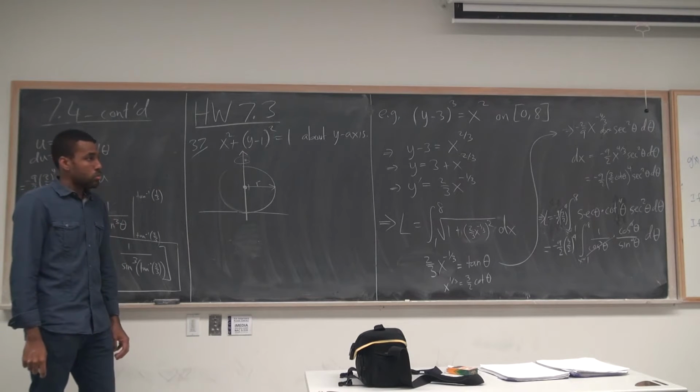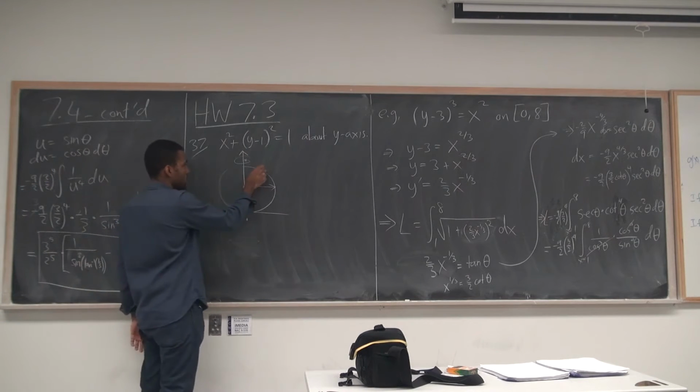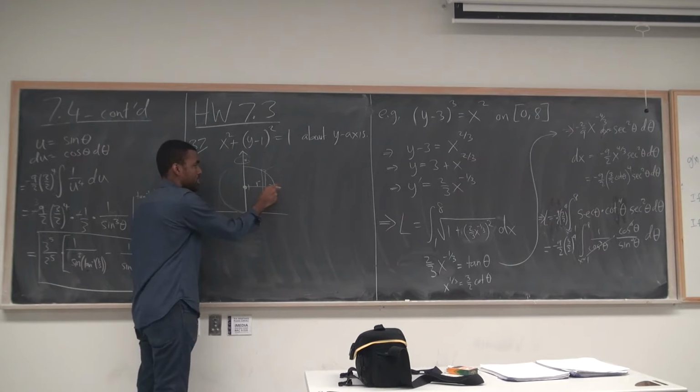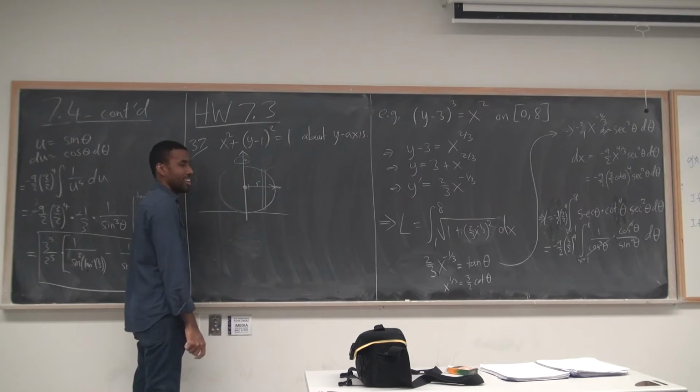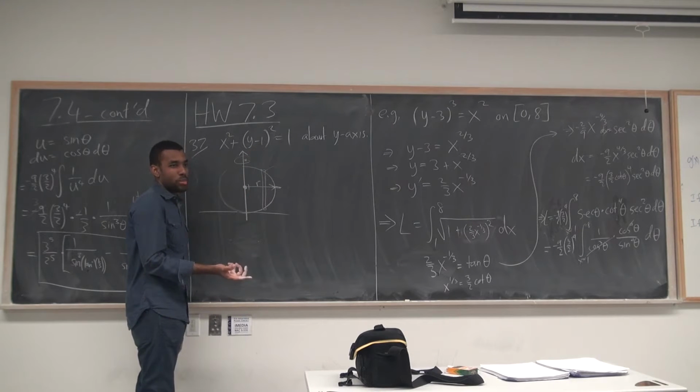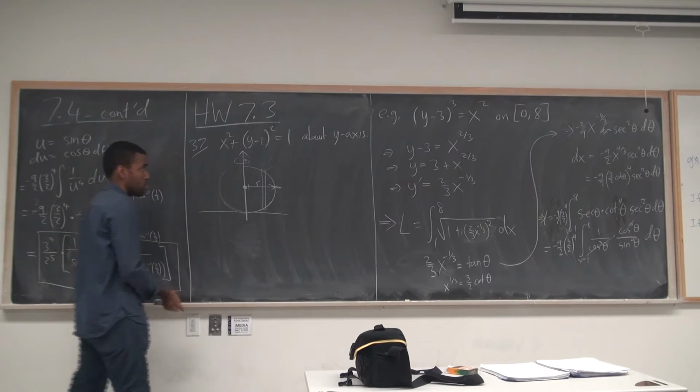Shell would mean you have to figure out the height of the shell, and what's the equation of that? You have to split this circle into two parts and solve for y. You're going to get a plus and minus radical. It's going to look nasty, so I probably wouldn't want to do that.